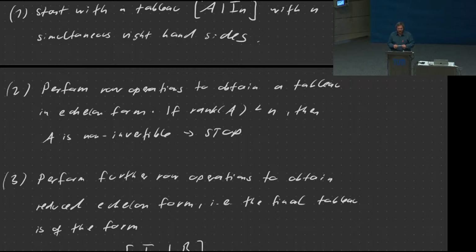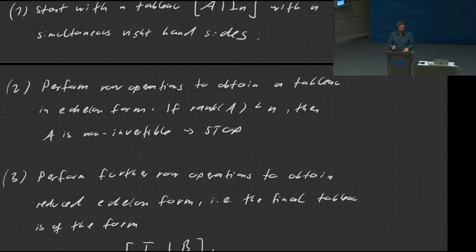And remember what reduced echelon form means? Well, that means that on the left, in this coefficient matrix, we not just get the staircase thing, right? So that would look something like this here. Here are our pivots. We have zeros below.